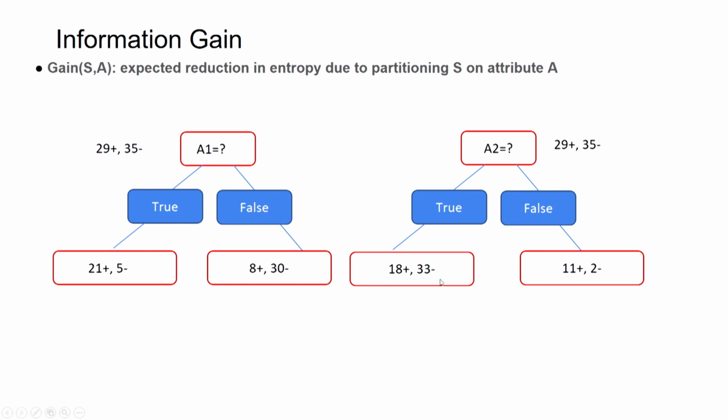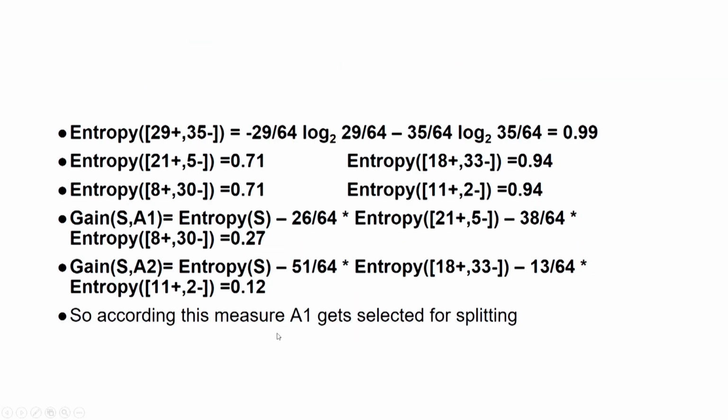Now, how will we decide whether we should split using A1 or A2 at this step? Let us see how information gain can help us in deciding which attribute we should use here.